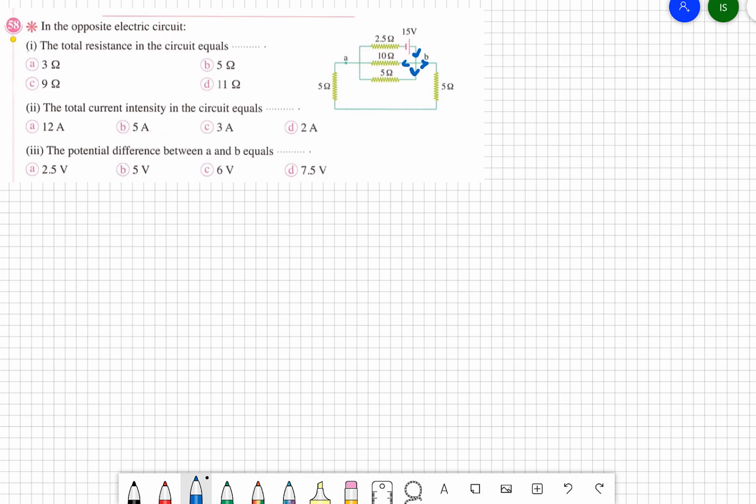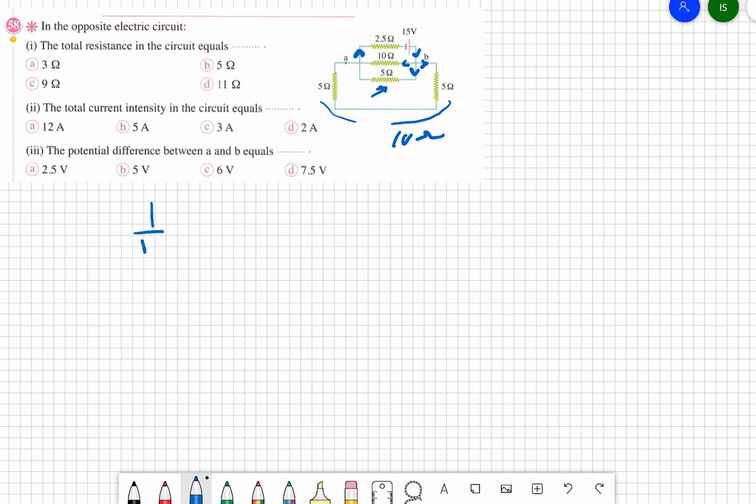So in the lower branch you have 5 and 5, which means 10 ohm, and you have here in the middle wire 5 ohm and the upper wire here 10 ohm. And when the current returns back, the whole current will move through this resistance, which means this resistance is connected in series. So let's get the resistance.